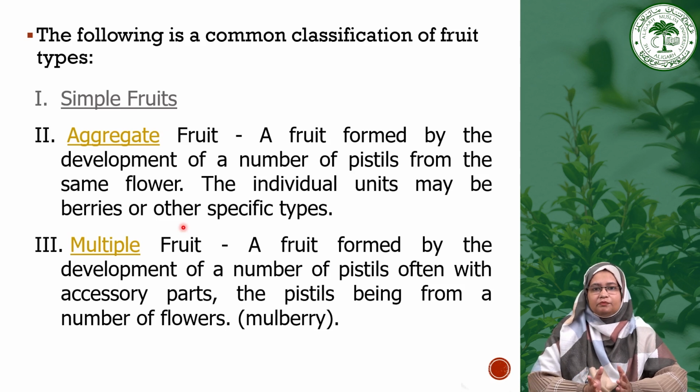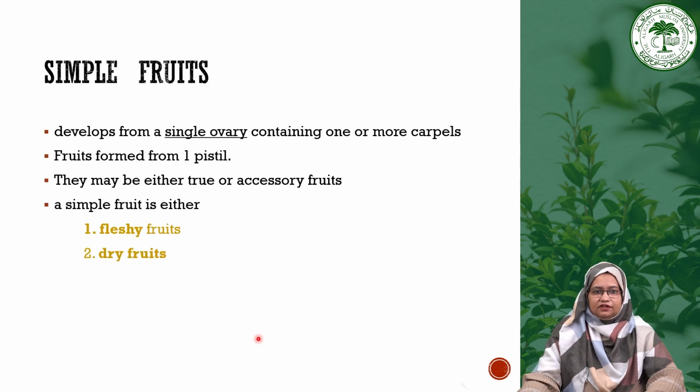The next type is the multiple fruits, in which the fruit is developed from a number of pistils, often with accessory parts, the pistils being formed from a number of flowers, like in the case of mulberry. So in aggregate fruits a number of pistils are converted to the fruit and their units are different, but in multiple fruits they have accessory organs as well.